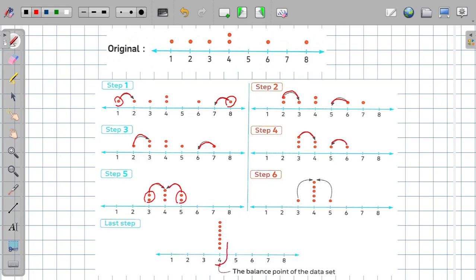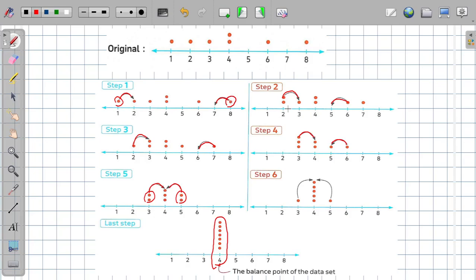So all dots now stand on one number, and this number will be the balance point of the dataset, and this number here is 4. Again, I moved all points to one number by moving the dots to the right side and the left side by the same distance. In the first step I moved this point one step to the right, and this dot one step to the left.